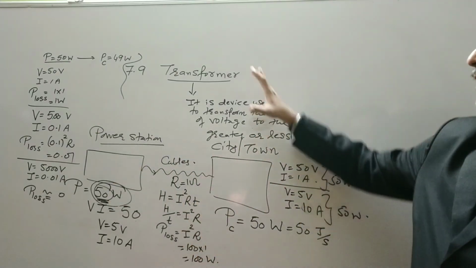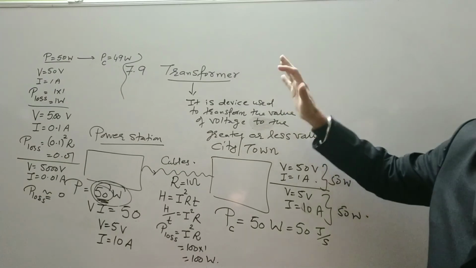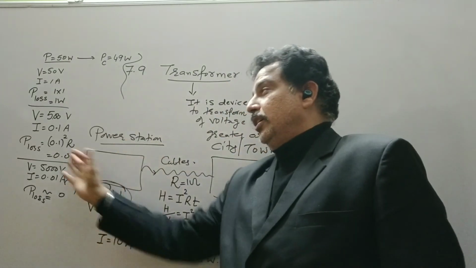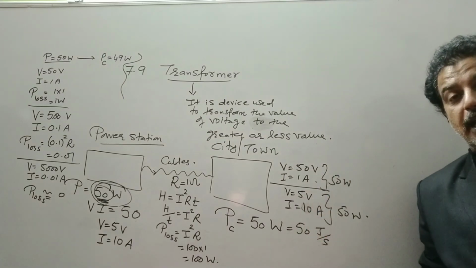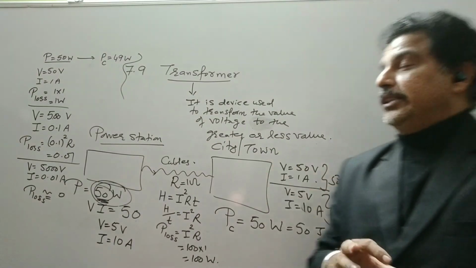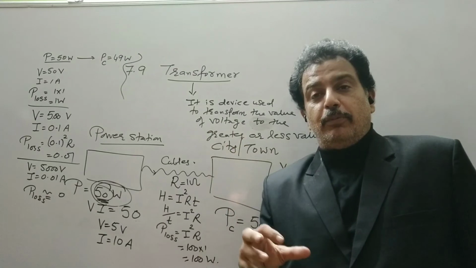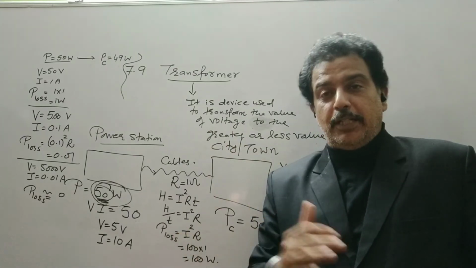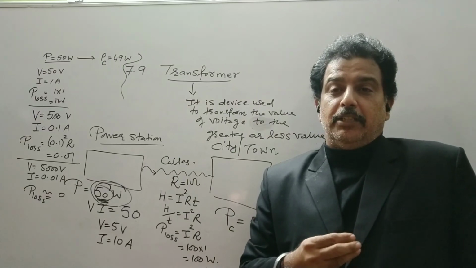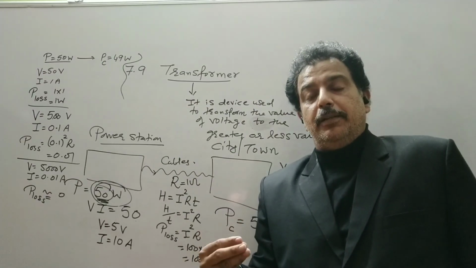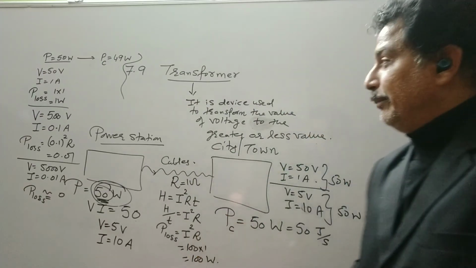So a transformer is basically a device which will either increase the voltage or decrease the voltage as the situation arises. We have to decide whether we want the transformer to be step up or step down. Depending upon our uses or our need, we can make a transformer step up or step down.